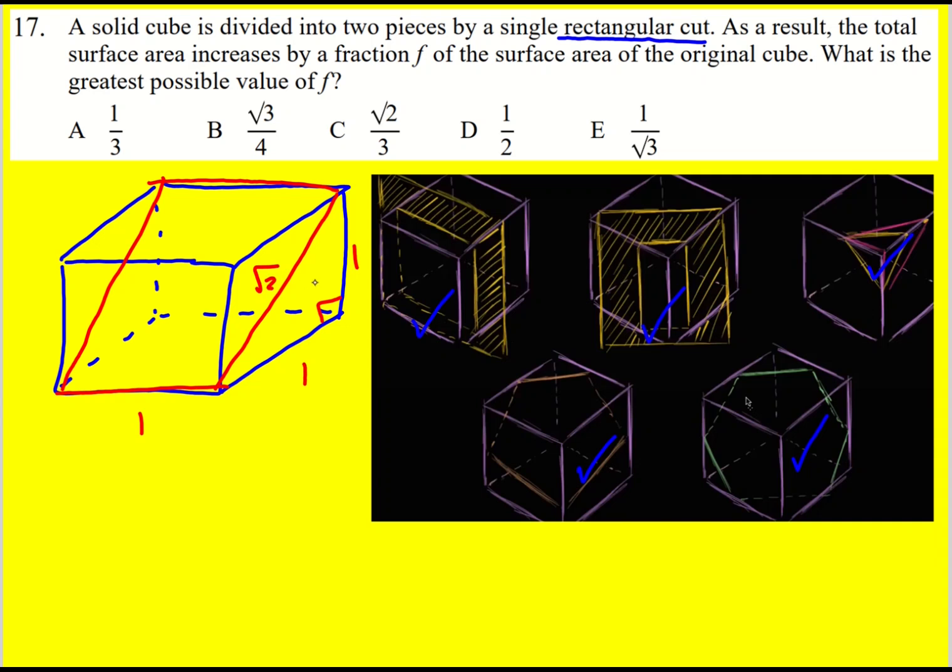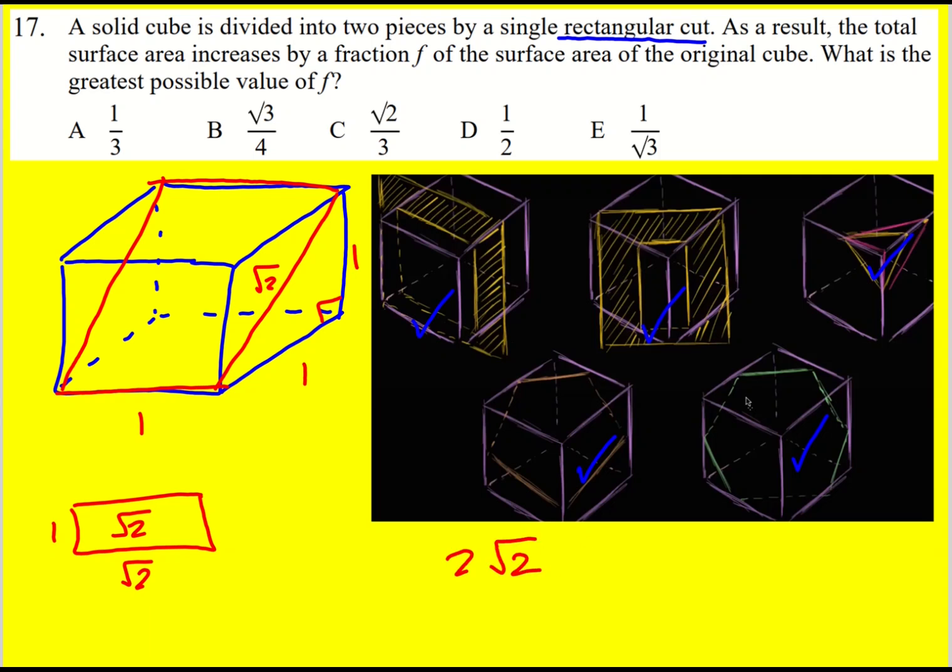This length is going to be root 2. But now draw the rectangle out. I'm going to have 1 and root 2. My area is going to be root 2. But I've actually got that from the bottom half and the top half. So my increase in surface area is going to be 2 root 2.